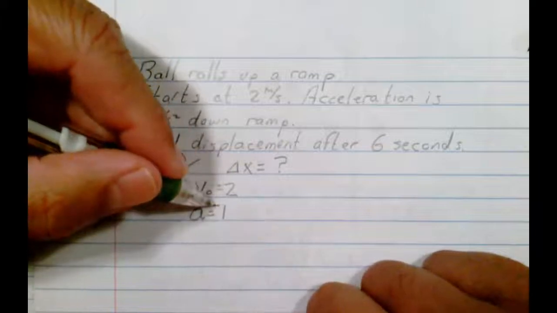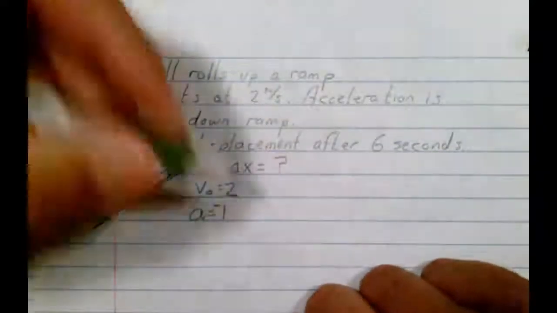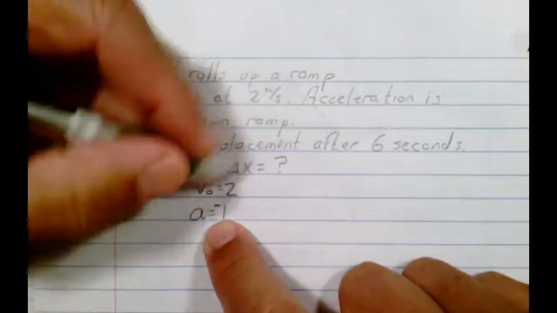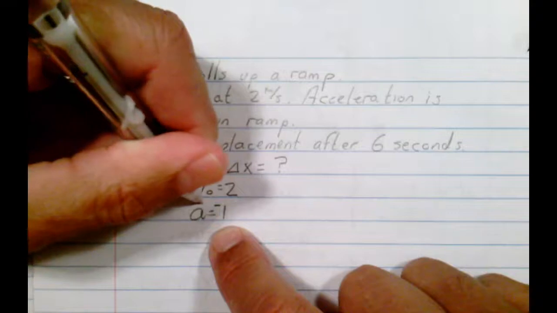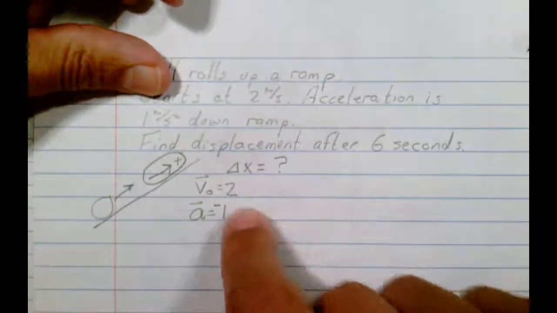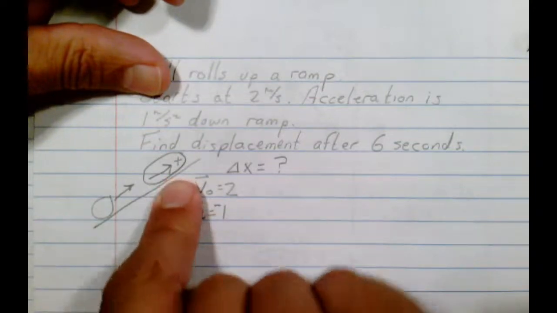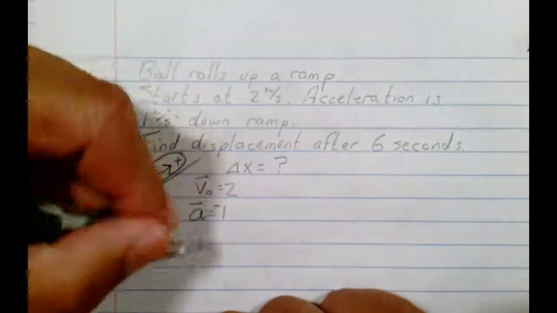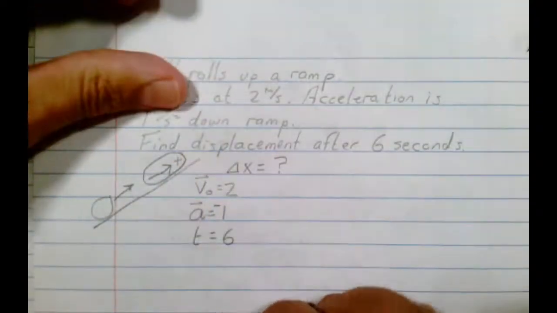You can see that this is a different variable than if you just took 2 and 1 and 6. This is negative 1. These are vectors. They have directions. I don't write this often, but I'm going to do it just for this problem, to show you. Vectors, you have to think about what direction, and you have to have defined a positive direction. And finally, time, which is a scalar, is 6 seconds.